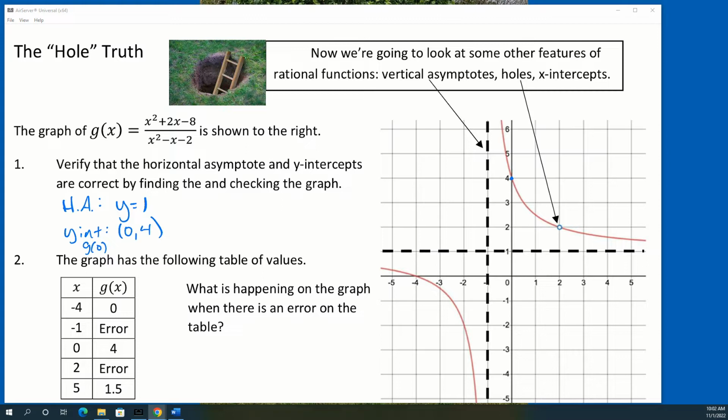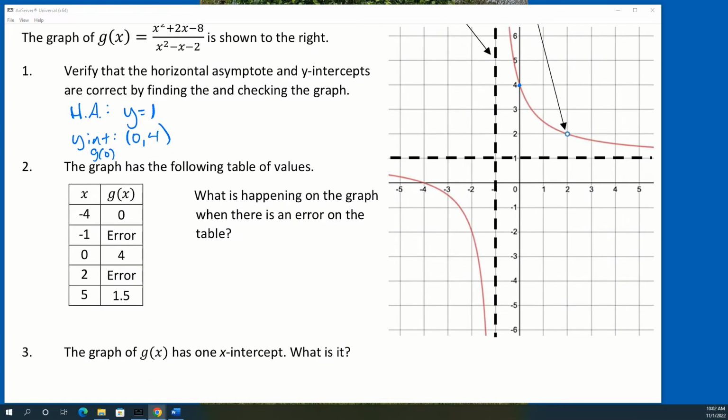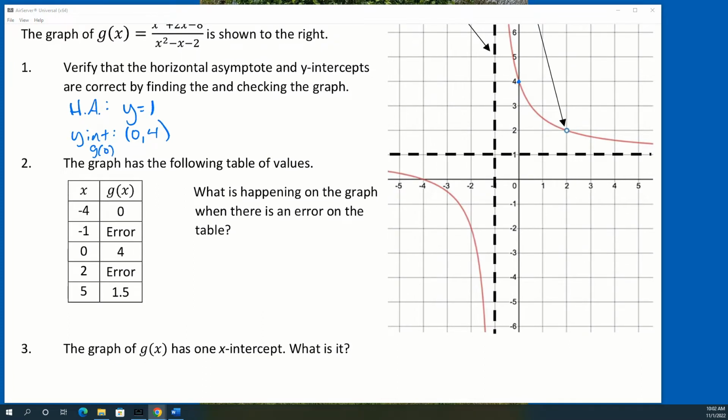Okay, then I wanted you to look at what's happening with the numbers. I have some values of the function here. There's an error when x is negative 1, and there's an error when x is 2. So let's talk about negative 1. If you're looking at the graph, what's happening at negative 1?